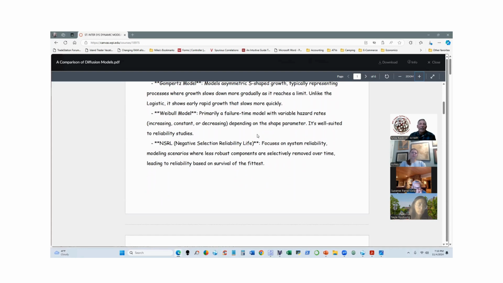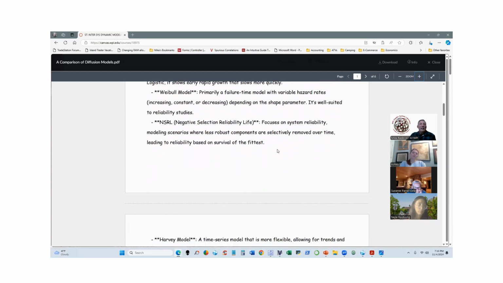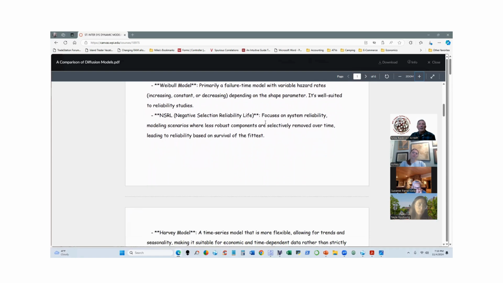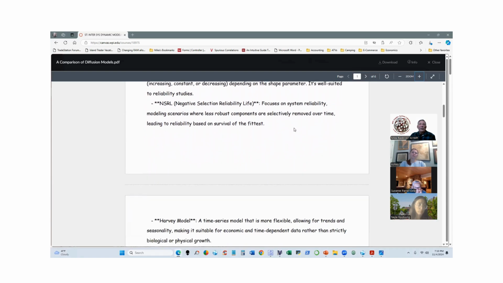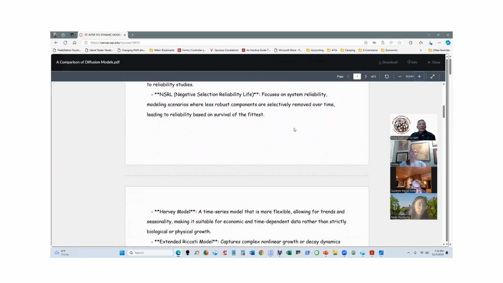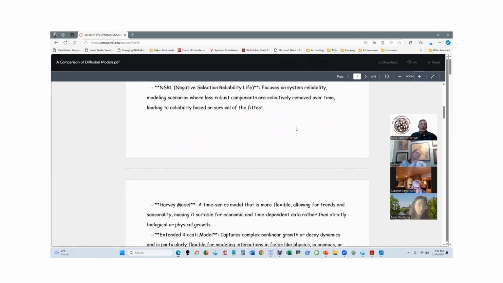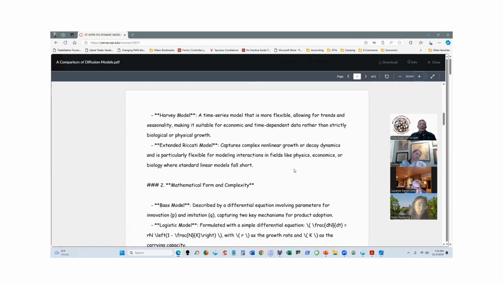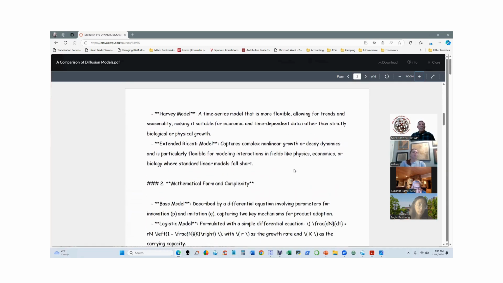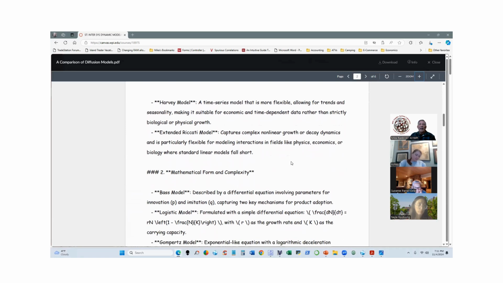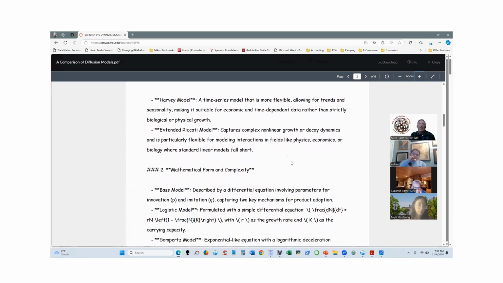That's not really my thing, but I thought I'd present it anyway. Negative selection reliability life models focus on system reliability. But they all have this distinctive shape. The Harvey model, assuming it was somebody named Harvey, is more of a time series thing. And the extended Riccati model captures complex nonlinear growth or decay dynamics and is particularly flexible for modeling interactions in fields like physics, economics, or biology, where standard linear models fall short.